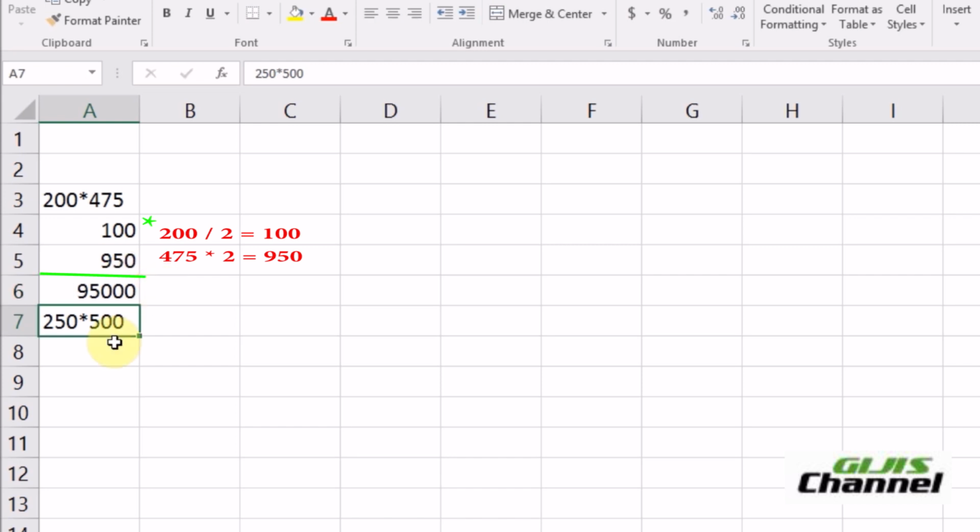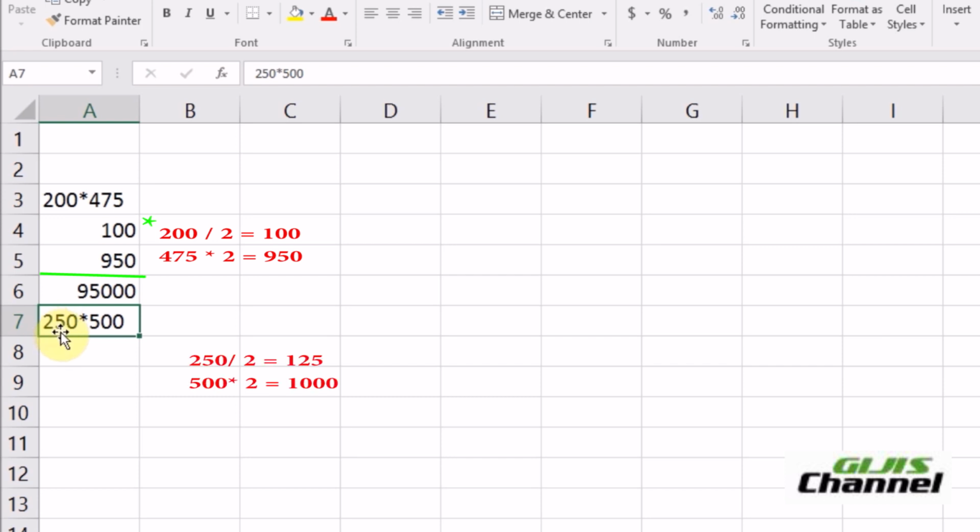Okay, let's look at the second example. Again, one of the numbers needs to be an even number. There are two numbers, 250 times 500. Let's see how to multiply two big numbers. First things first, you have to divide the first number in half.